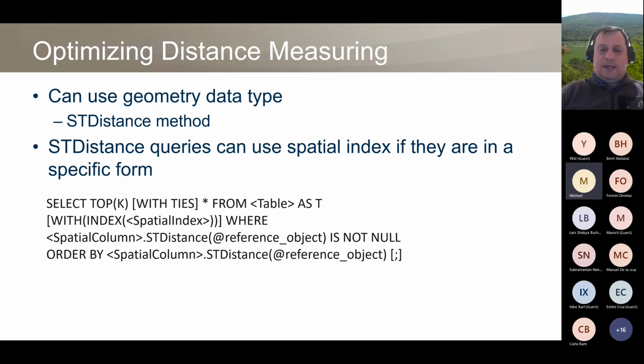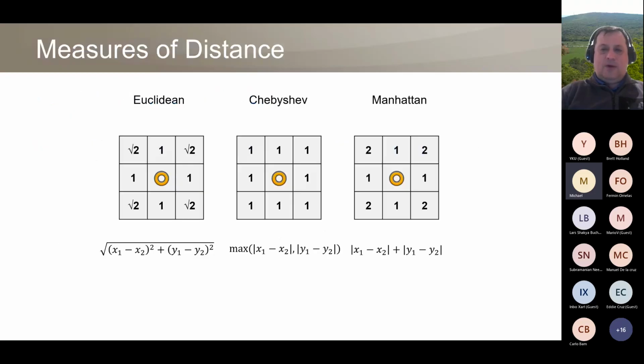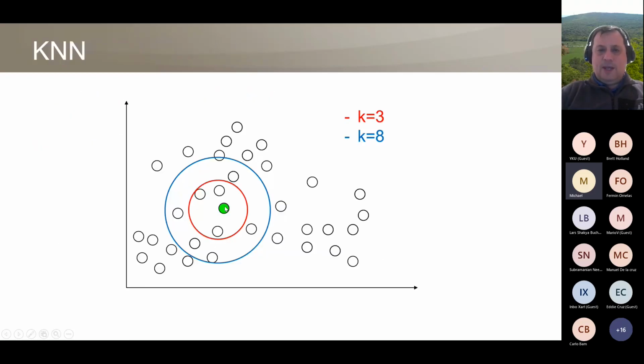Now, the problem here is that I said we need to find distances of a new case to these k cases. But I need to check which cases are the closest. So basically, I have to check the distance of this green case to every other case in the data. Let's say that this is one case, but let's say that I have in the training data 100,000 cases, and I have 10,000 new cases.